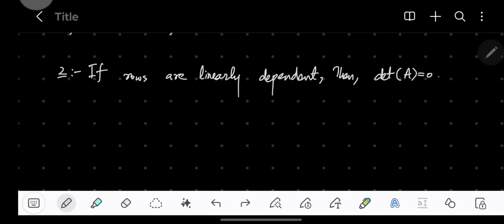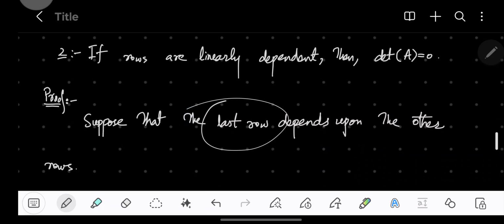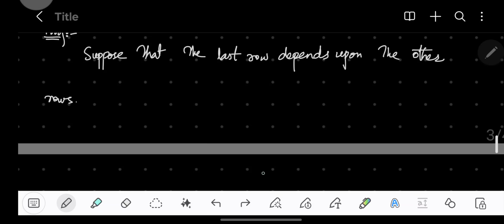In this consequence, we don't yet know what linearly dependent rows are, so I will tell you, but let's look at the proof. Suppose the last row is linearly dependent on the other rows.